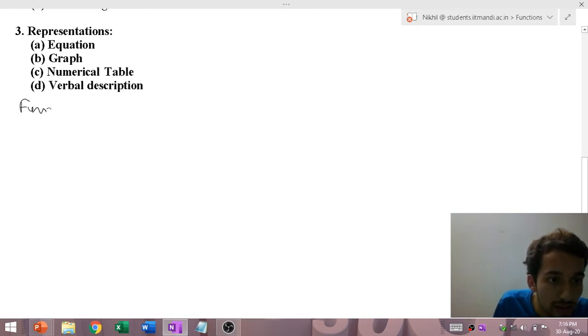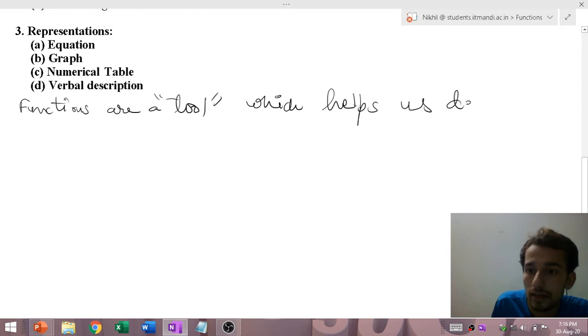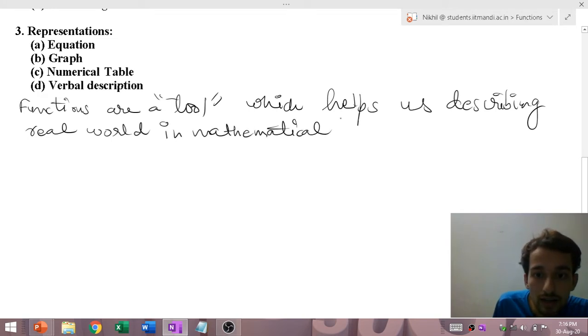Functions are a tool for us, a kind of tool which helps us in describing or representing the real world in mathematical terms. I hope you got clarity now.